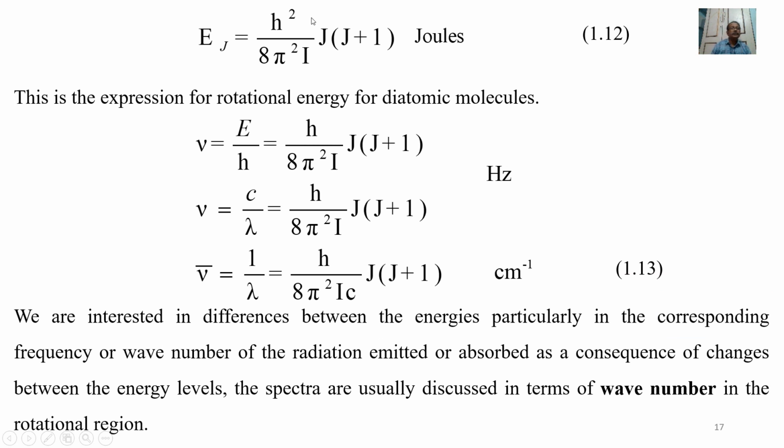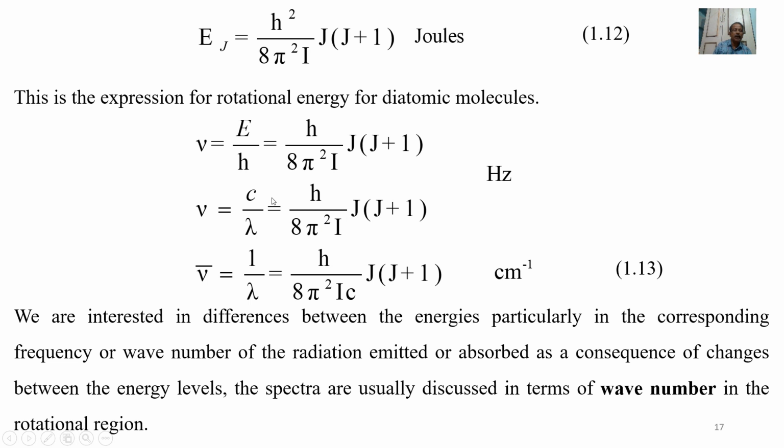So this is the expression for rotational energy for diatomic molecules. And I can take one h to the left hand side, so that will give me nu. Nu equals E by h, which is equal to h divided by 8 pi squared I times J into J plus 1 hertz. And of course I can write nu equals c by lambda, which is equal to h divided by 8 pi squared I times J into J plus 1.